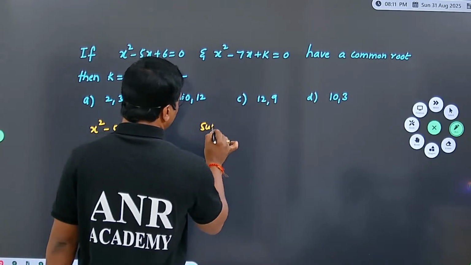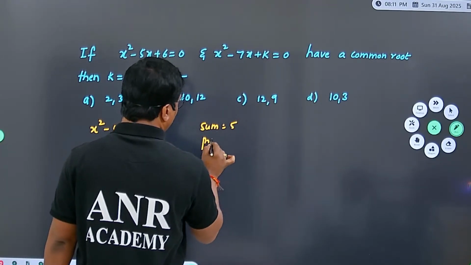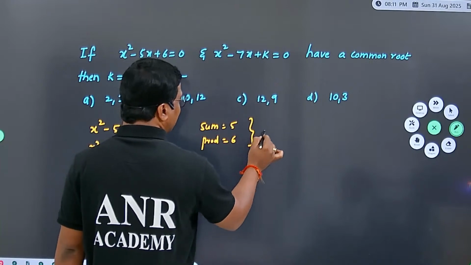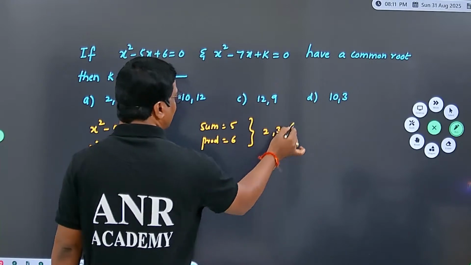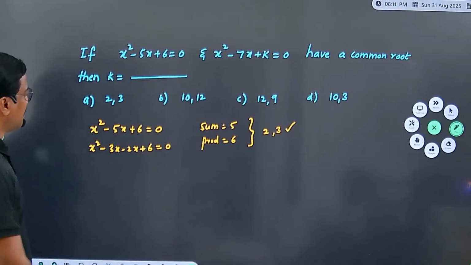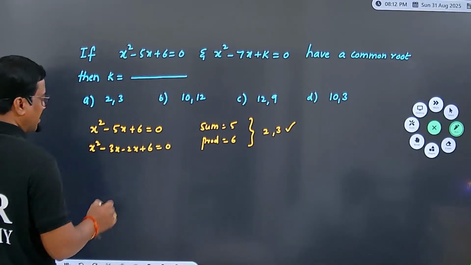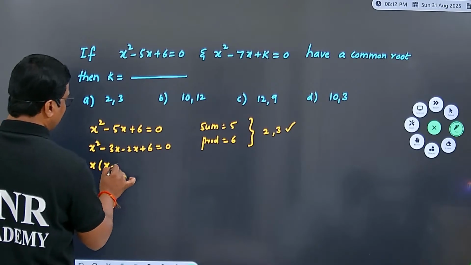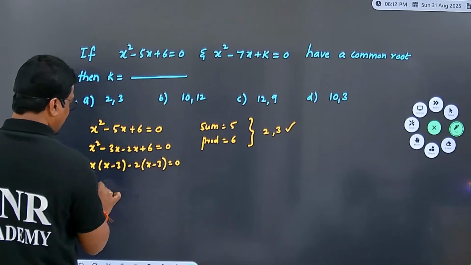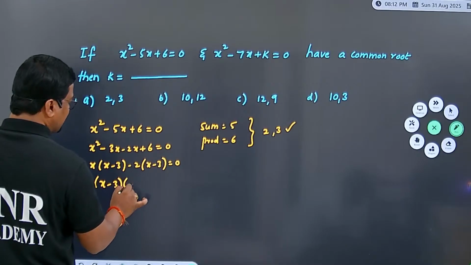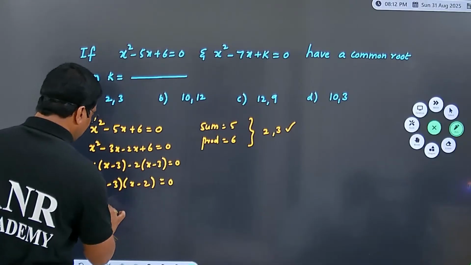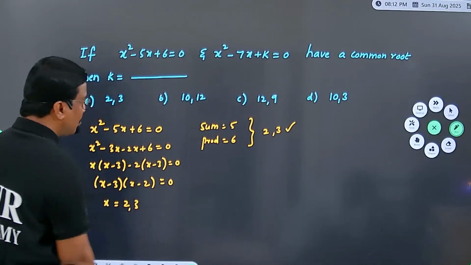The possibility here is 2 comma 3: sum becomes 5, product becomes 6. So 2 comma 3 separation. Taking x common, x minus 3, minus 2 common, x minus 3. What we get? x minus 3 into x minus 2 equal to 0. Therefore, 2 comma 3 are the roots.